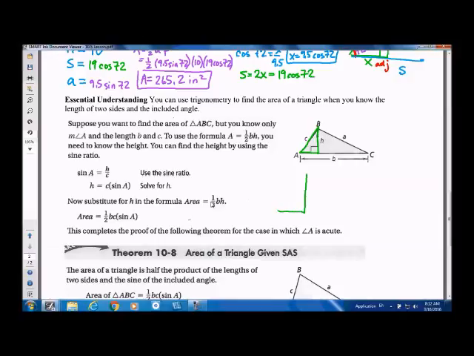Now, if I redraw that triangle here, I know that this measures C, this measures H. If I am looking at angle A, this is my opposite, this is my hypotenuse, this is adjacent, so I know I'm going to be using sine.